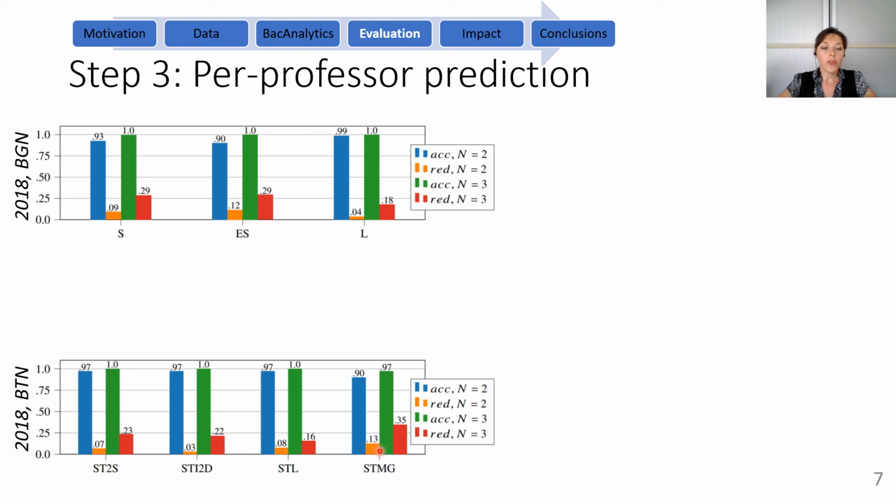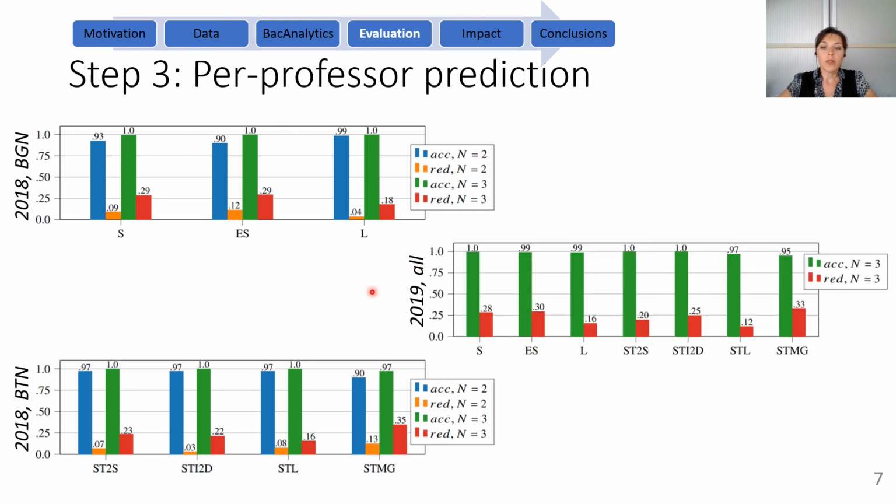The mean value of redundancy for this scenario is approximately 25%. These results are already good enough, and they indicate that such a scenario can be used in practical evaluations. The corresponding results for this scenario for the year 2019 are shown in this figure. We can see that again, for most of the cases, we achieve almost 100% prediction accuracy. The STMG stream is still the most difficult to predict, and in this case, the accuracy drops to 95%.